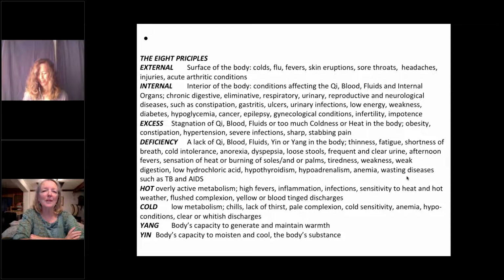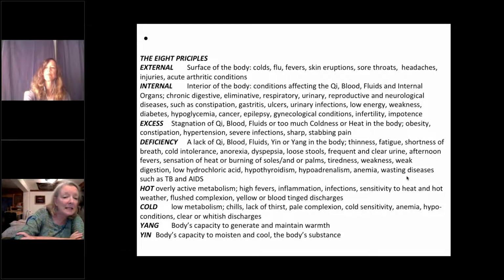So that's one. We can do the same thing with external, deficient, cold, and yin. However, you can have external deficiency that's cold. You can have external deficiency that's hot. You can have internal excess hot, yang. You can have internal excess cold and yin.